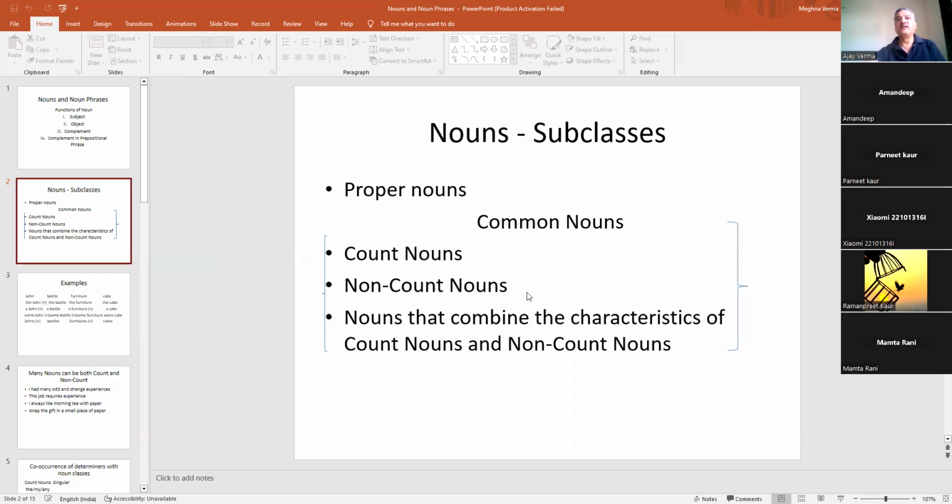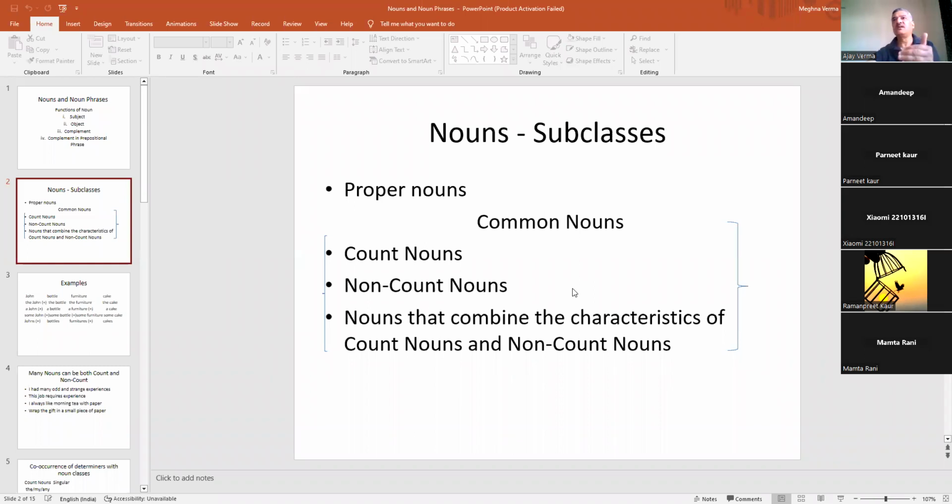The second category is non-count nouns, and as the name suggests, in this category we include those nouns which do not have singular and plural forms, and cannot be counted in terms of 1, 2, 3, 4.